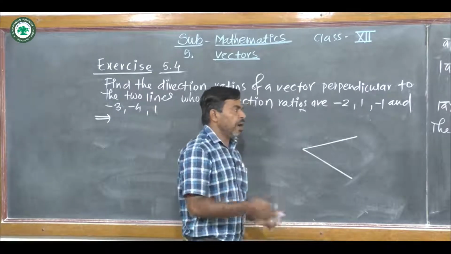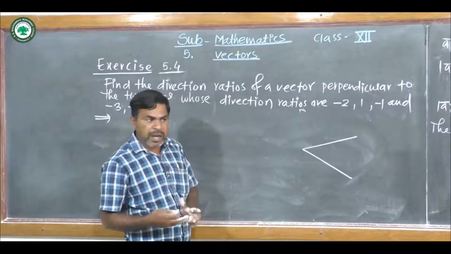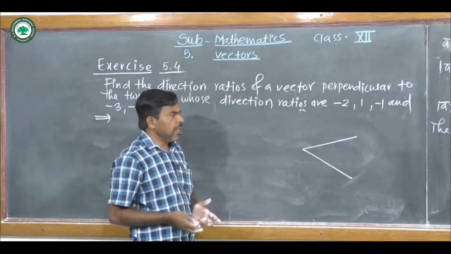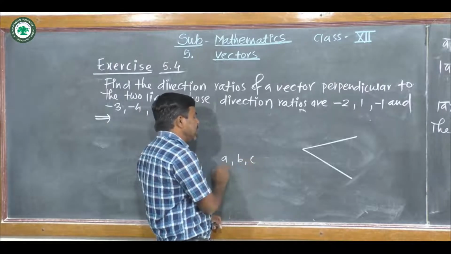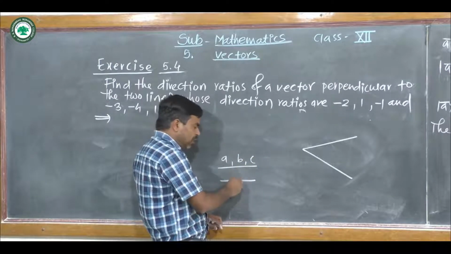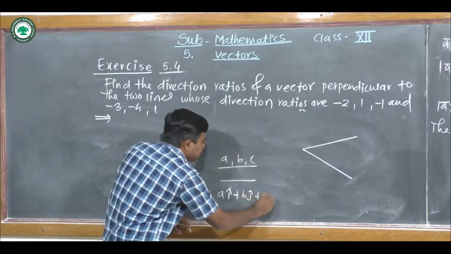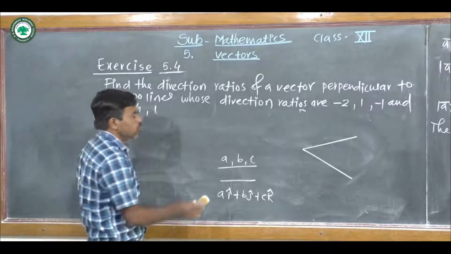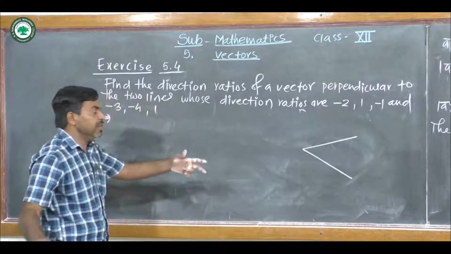Because if A, B, C are the direction ratios of any line, then the vector along that line is A i cap plus B j cap plus C k cap. So here direction ratios of two lines are given, which means the vectors along these two lines are known.